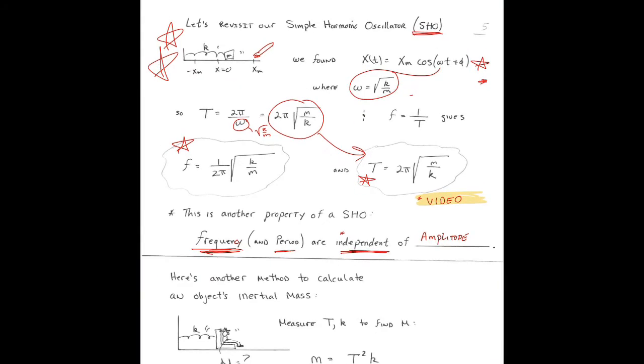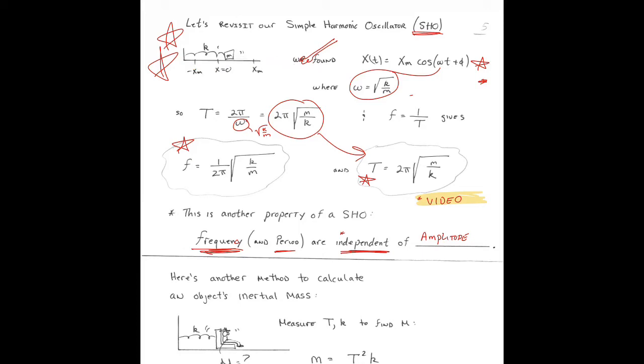If you have a system where someone brings this thing back and lets it go, it goes back and forth: 1, 2, 3, 4. Now, what if they bring it way back here and let it go? It's going to go a much greater distance, but it's going to be moving faster, and it will go: 1, 2, 3, 4.